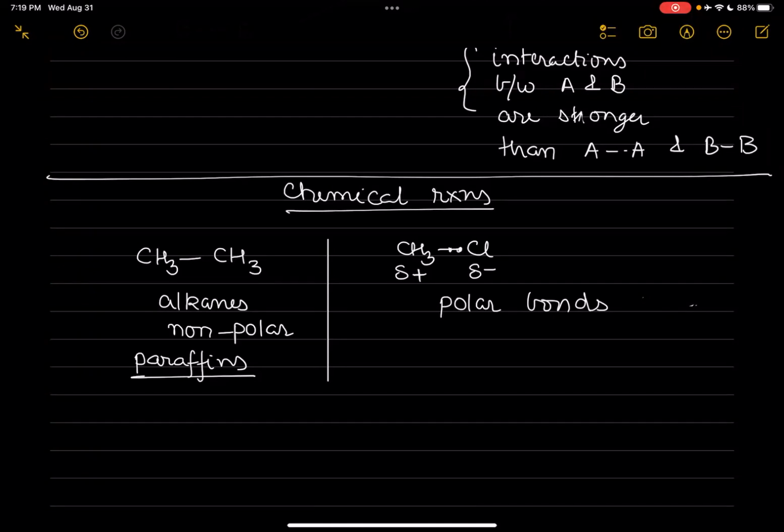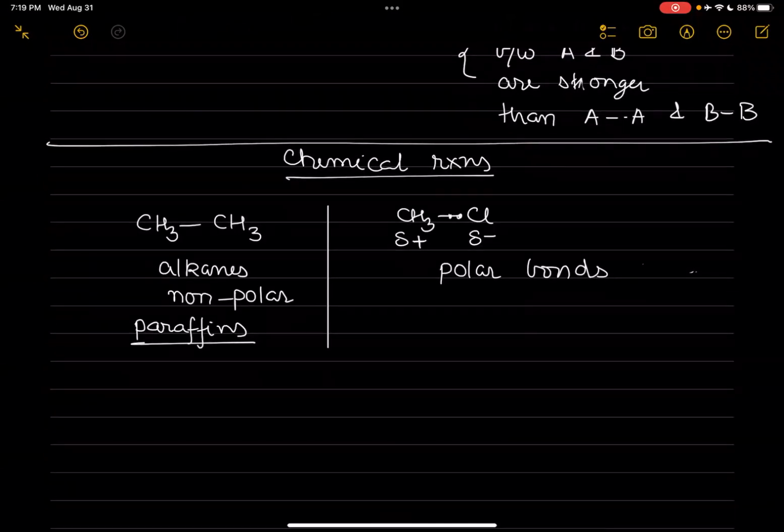So now it will be easier for us to break such a bond. Is it clear? Yes, sir. So if the molecule has polar bonds, the electrons are not equally shared, they are more on one side, and because of that the bond can be broken very easily.